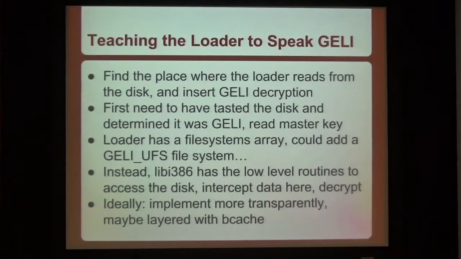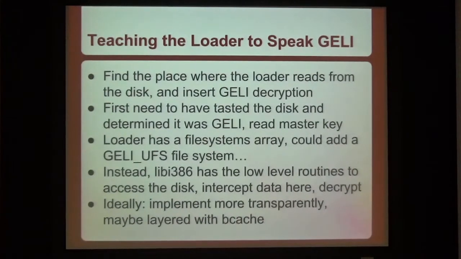In conf.c for the loader, there is a list of supported file systems, and they're pointers to a common set of functions to do common file system operations, like open, close, read, write, etc. And so I was like, well, I could probably make a GELI version of UFS and a GELI version of ZFS, and have those lists and teach you how to do it there.